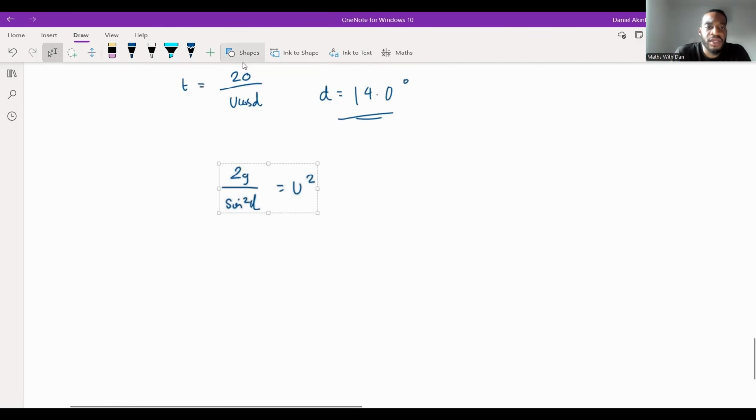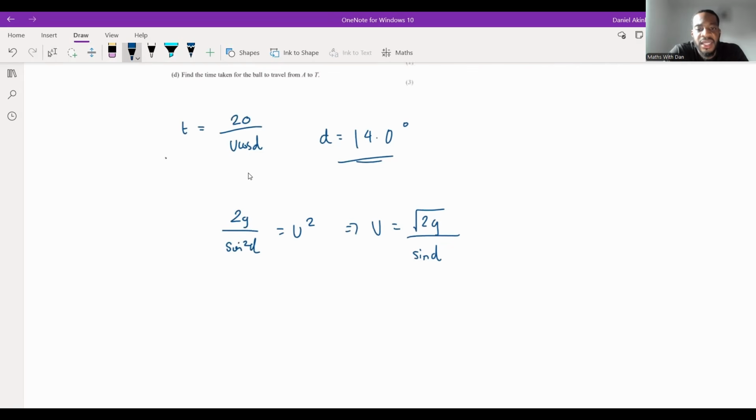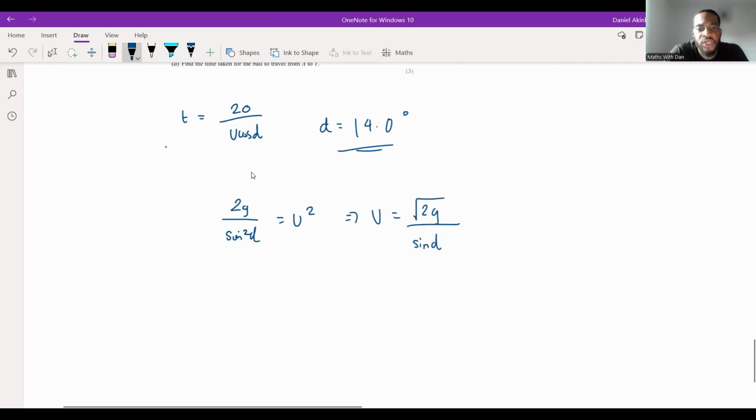U is going to equal root 2g over sine alpha, right? And obviously it's positive because the velocity is positive, going up. So we could plug that into there. We know what alpha is. We can just work this out from here, can't we?